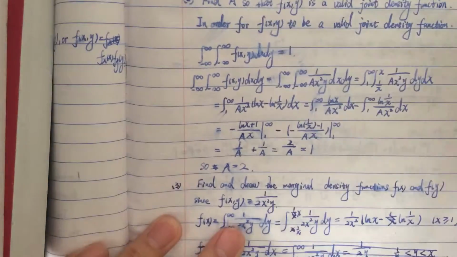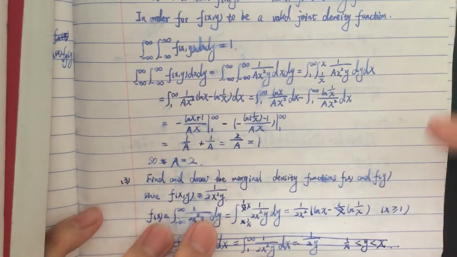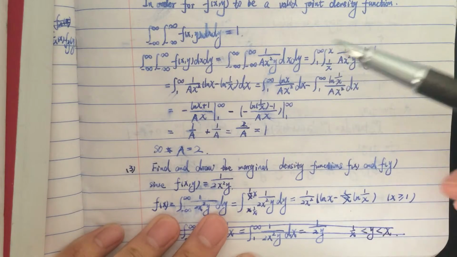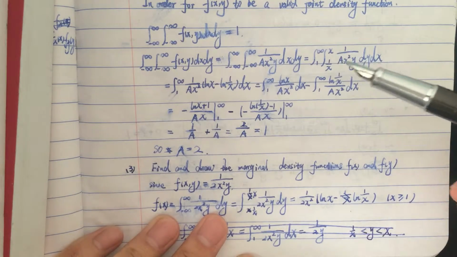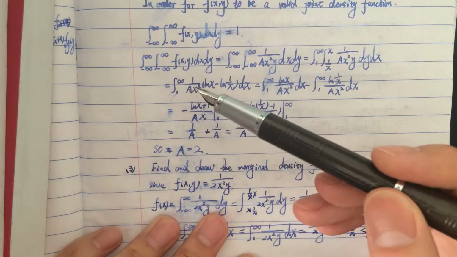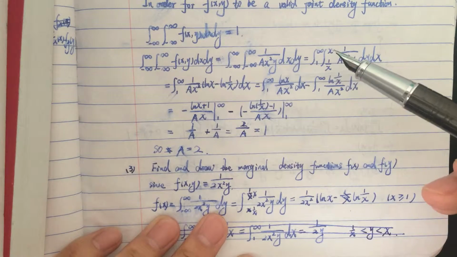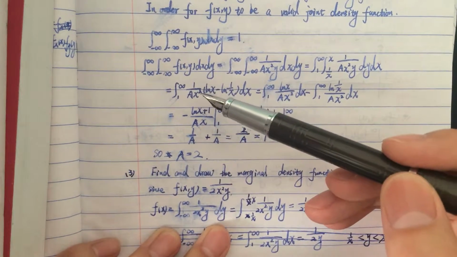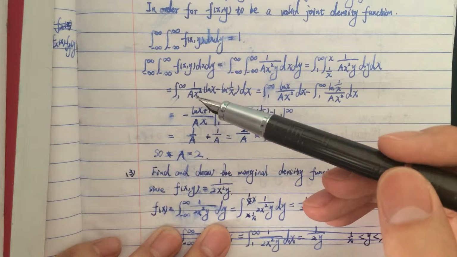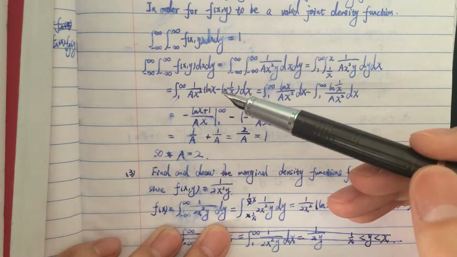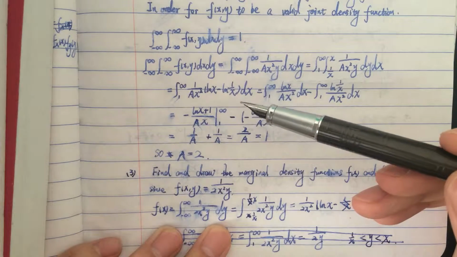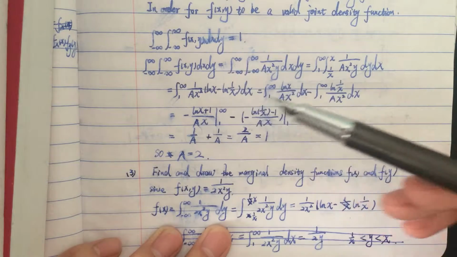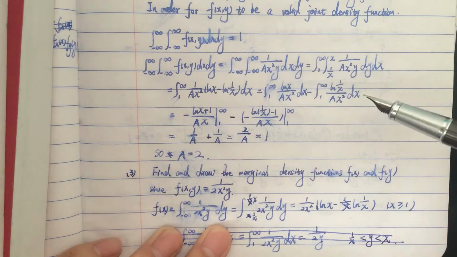So we confirm the integration limits. The result when integrating from 1 over x to x is 1 over A times x squared times (ln x minus ln 1 over x), and this one is equal to this one.